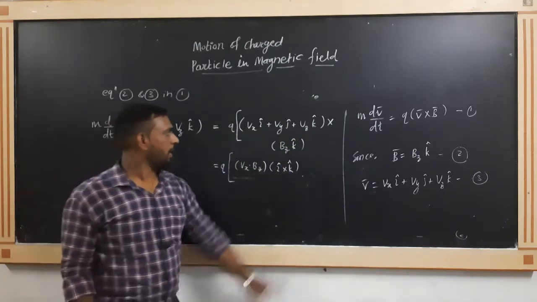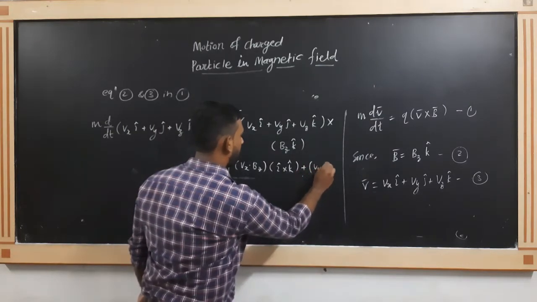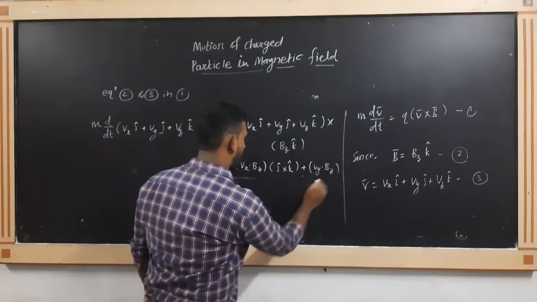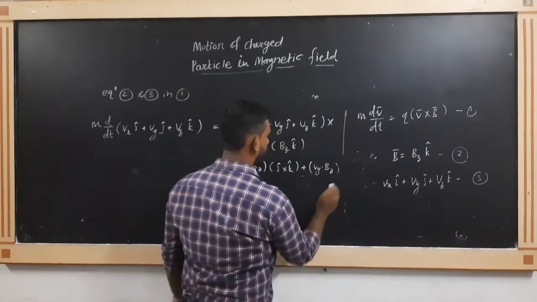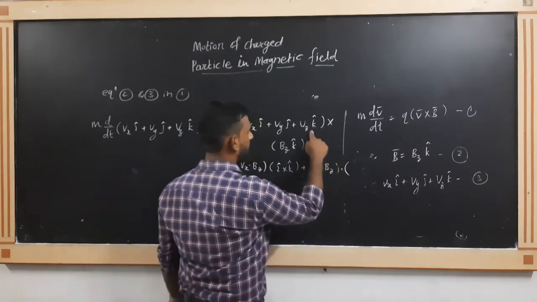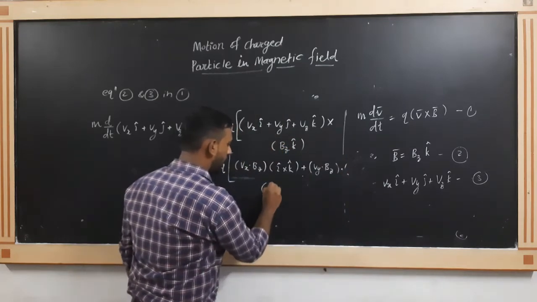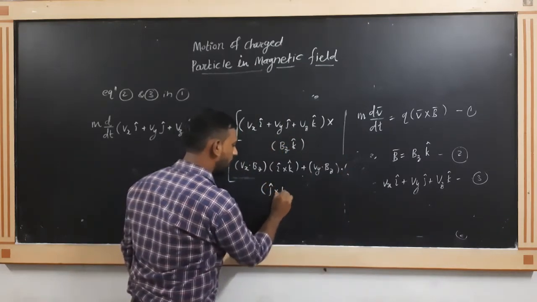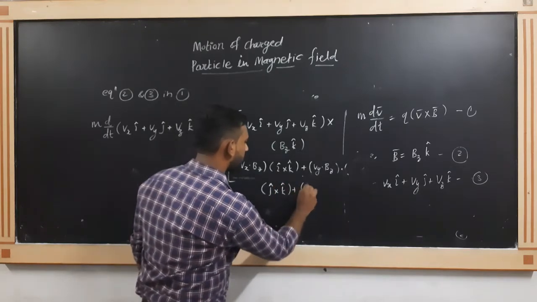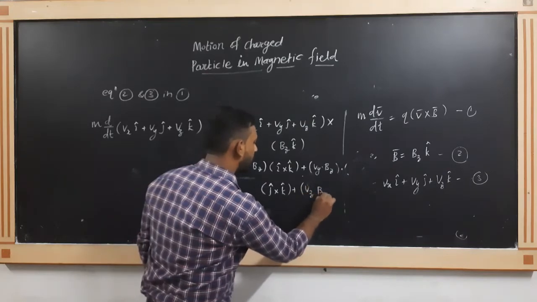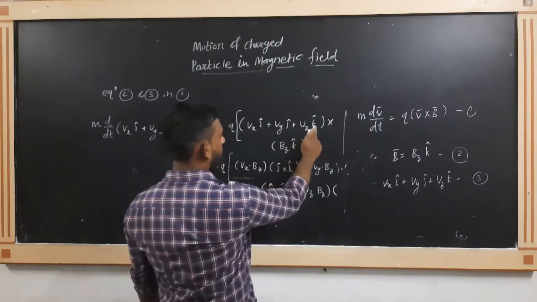Similarly for the y component, Vy into Bz, j cap cross k cap, plus Vz into Bz, k cap cross k cap.